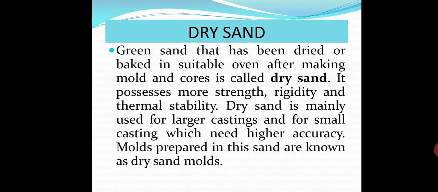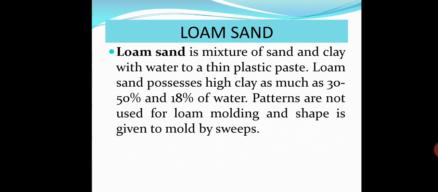But in the same case, if we require high accuracy, then we use dry sand for small and medium casting. But for larger castings, usually dry sand is used. Molds prepared in this sand are known as dry sand molds.